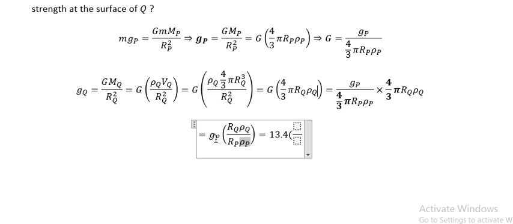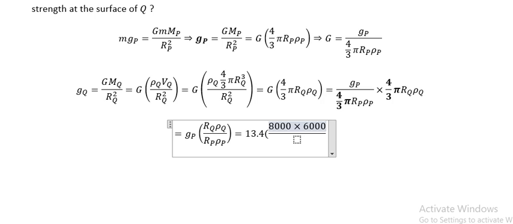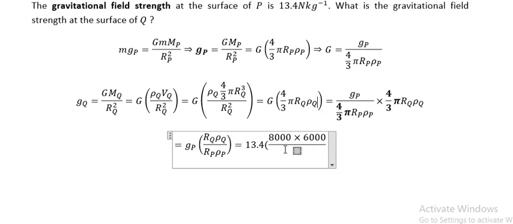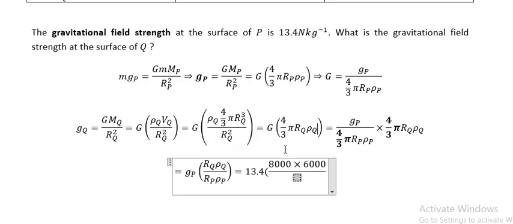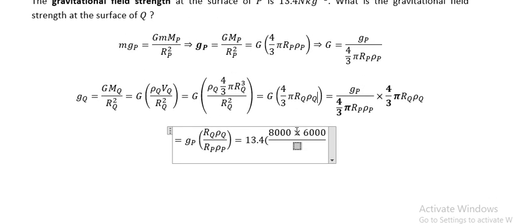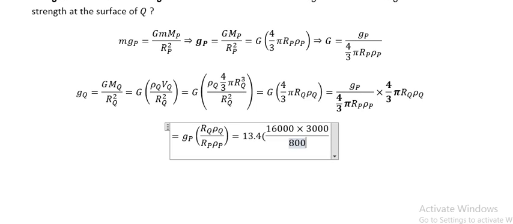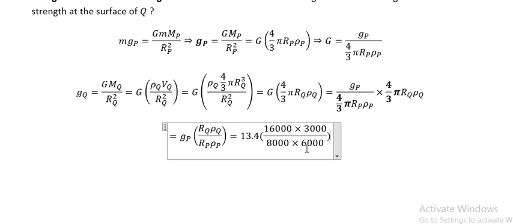So the final unit will just be the unit of this one. So we are going to have here 8,000 times 6,000 divided by, oh no, it's for P first. It should be 16,000 times 3,000, and this one should be now the 8,000 times 6,000. Alright, that's what we have.